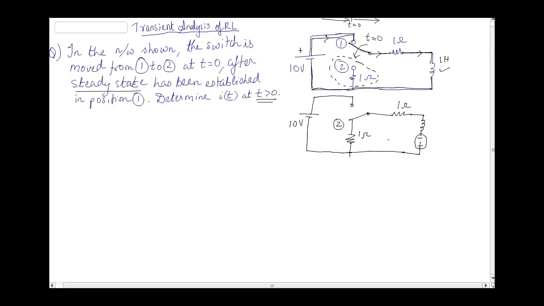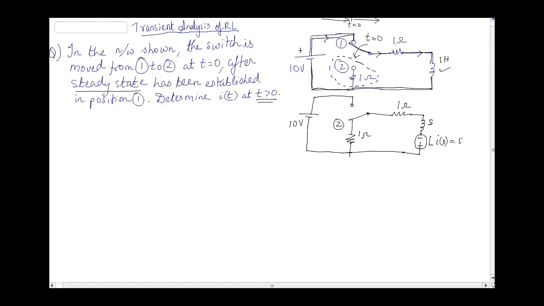Now in this circuit, L is 1 H, and we know that the inductor, after charging, becomes an inductor with a voltage source, where the inductor I will write as Ls. Here L is 1, so it will be just s. And the voltage, if you remember, we had written L i naught.